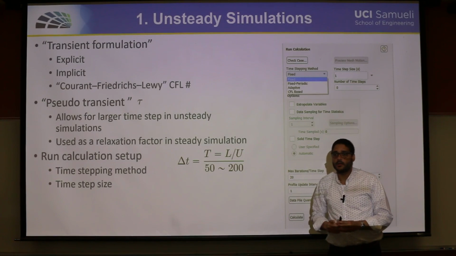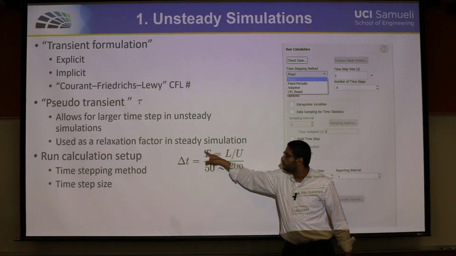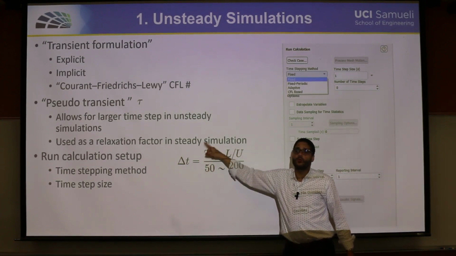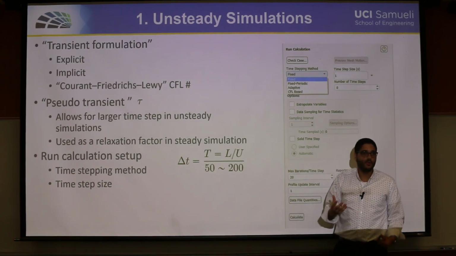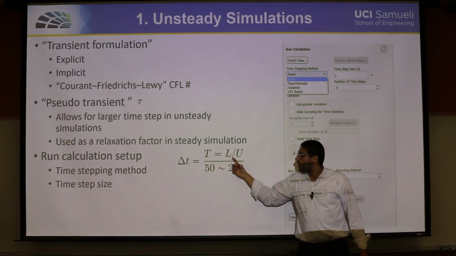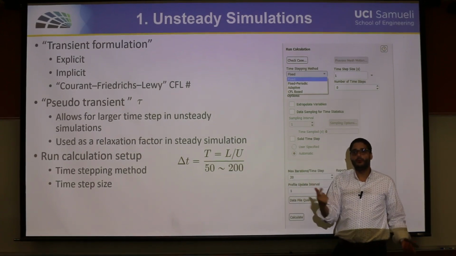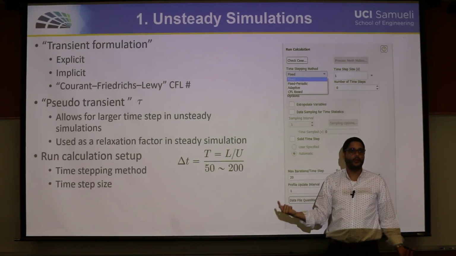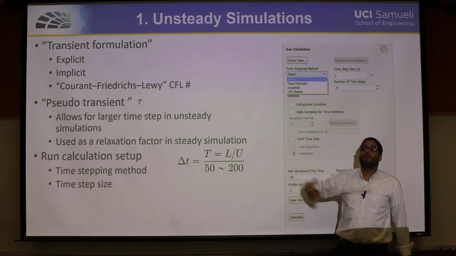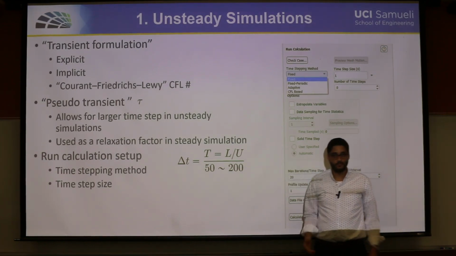What I like to do is check what's the period or the time constant for that flow. In other words, we check the characteristic length of our body, which usually will be 1 in the numerical domain, and then we divide it by the speed of the incoming flow.